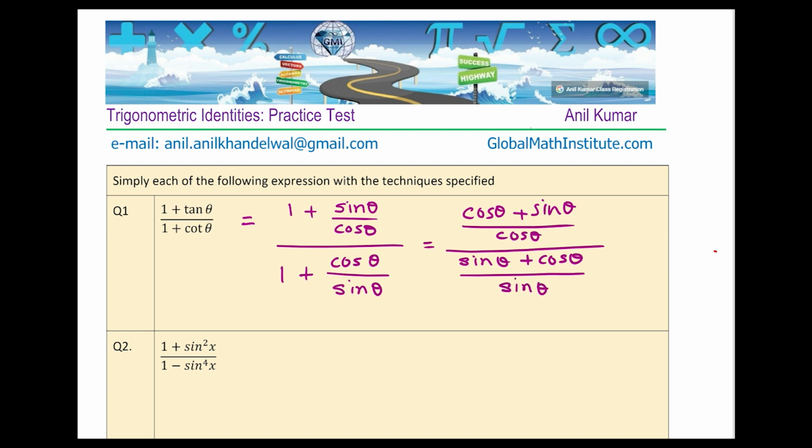Now here you can clearly see that cos theta plus sine theta cancels, and therefore it simplifies to 1 over cos theta divided by 1 over sine theta, which can be written as sine theta over cos theta. And therefore the given expression is equal to tan theta.